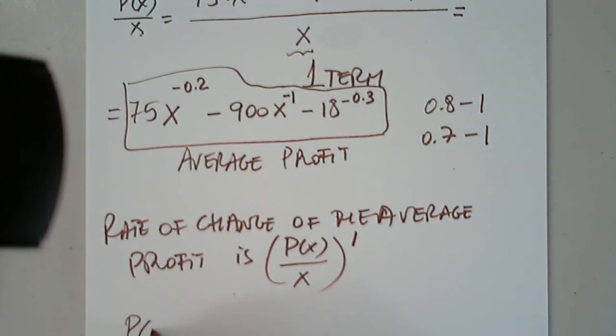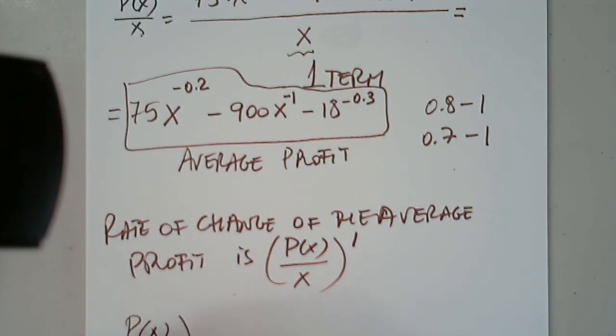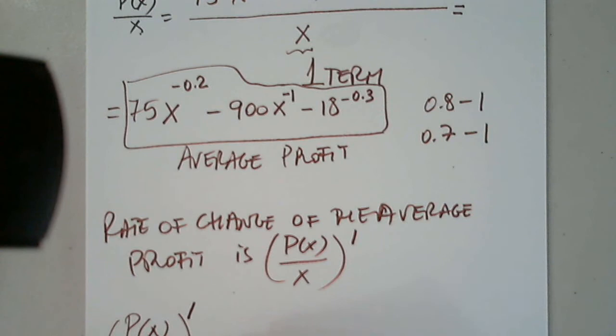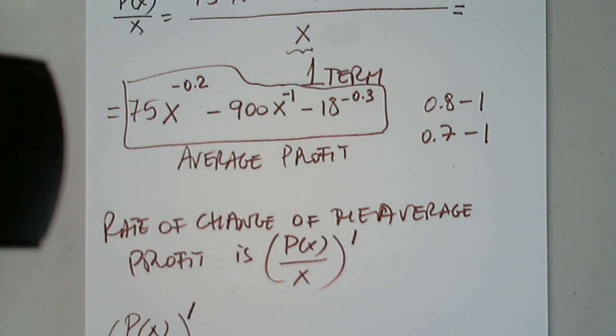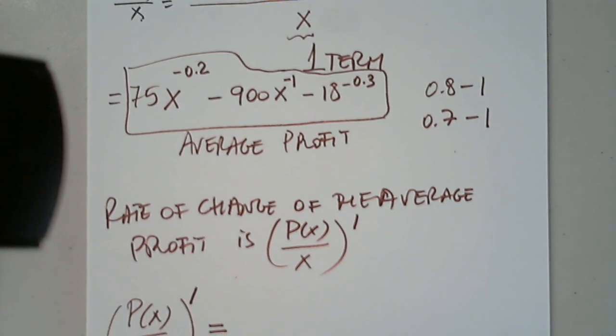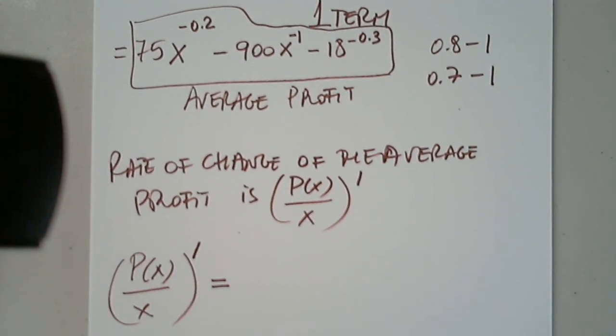Can anyone tell us how to write P of x over x prime? Anyone would like to help? It's okay if you're wrong.